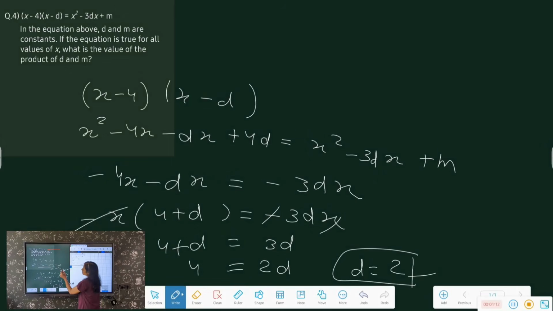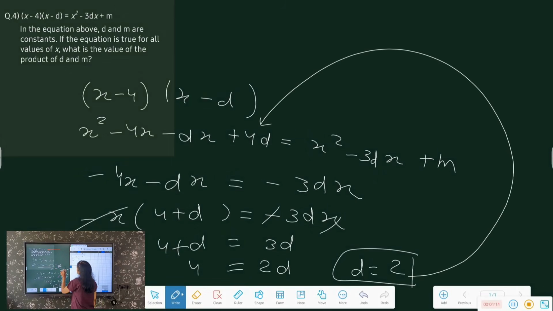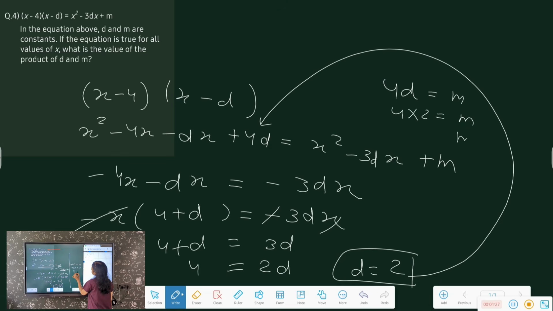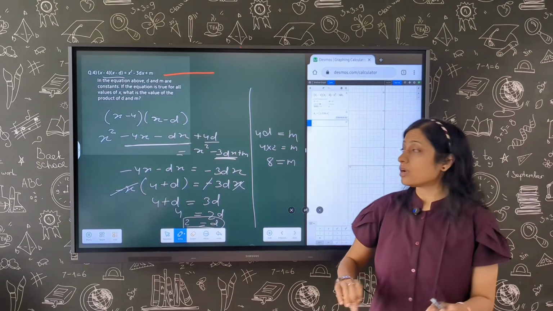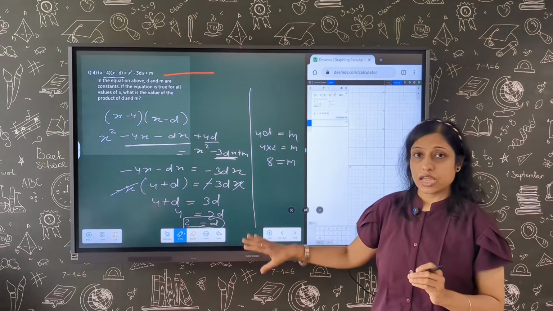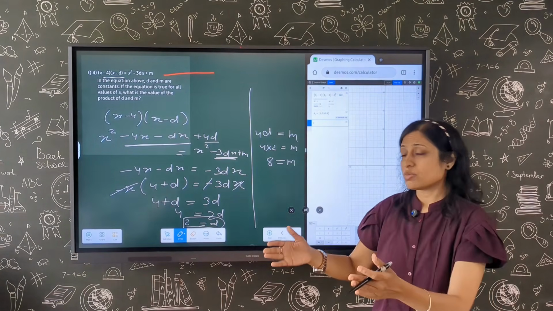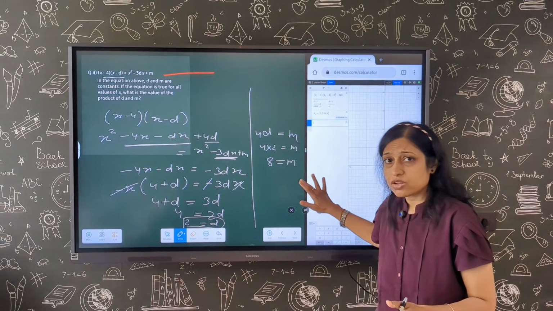Now substitute this here, because as you can see we know that 4 times d is equal to m. So 4 multiplied by 2 is equal to m, so m is equal to 8. Now in the exam, don't hurry and write down m as 8 for the final answer, because we are not looking for the value of m.